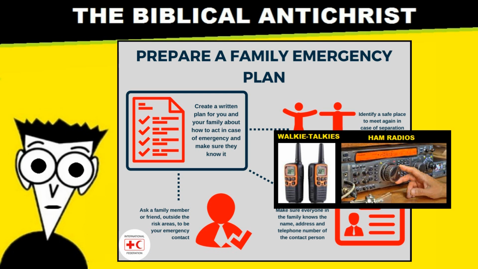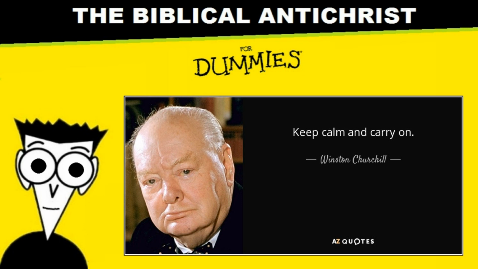Consider using alternative means, like satellite phones or walkie-talkies. 7. Stay calm and adaptable. In case of a global disruption, stay calm and be adaptable to changing circumstances. Having a resilient mindset and being prepared can help individuals and communities navigate challenging situations.